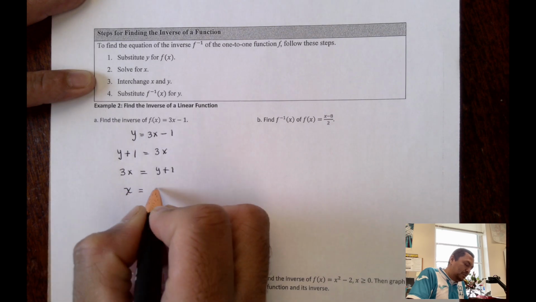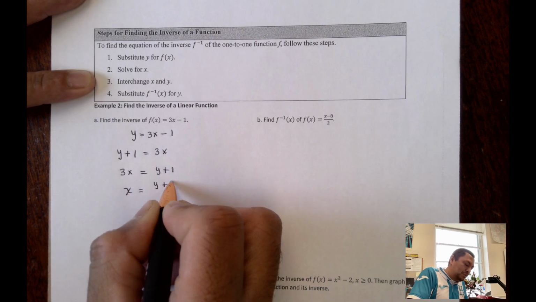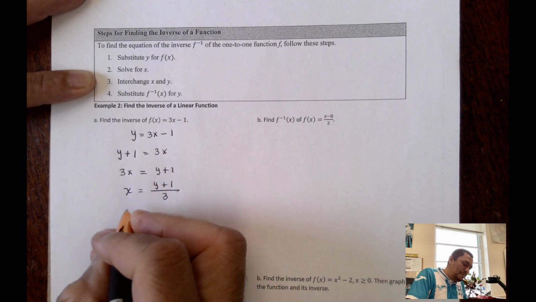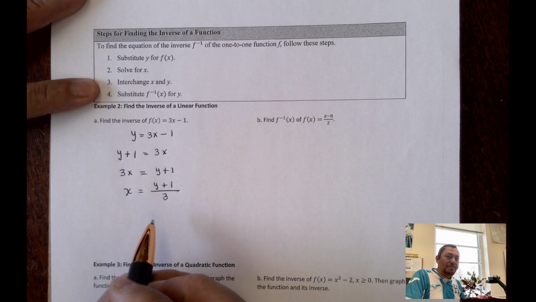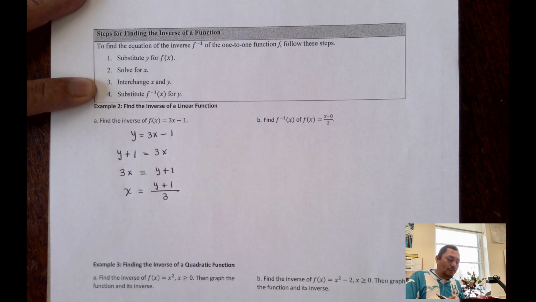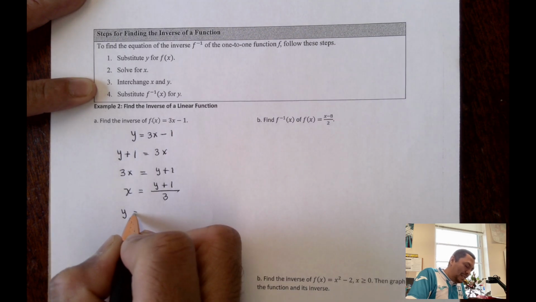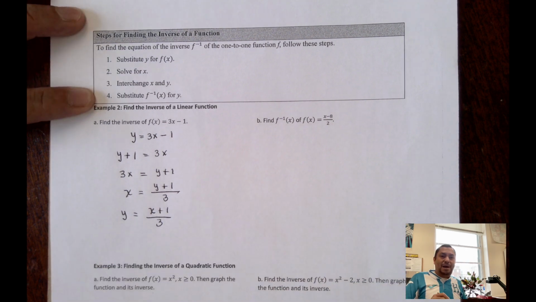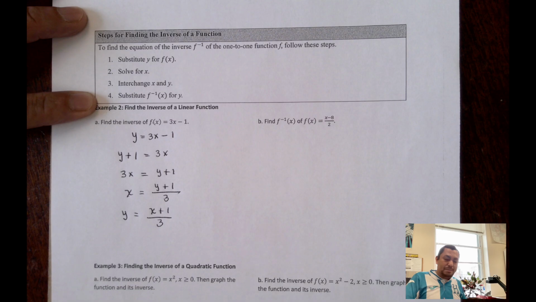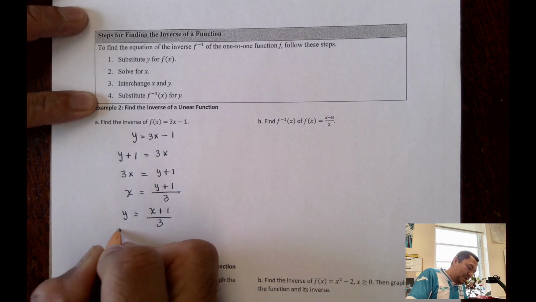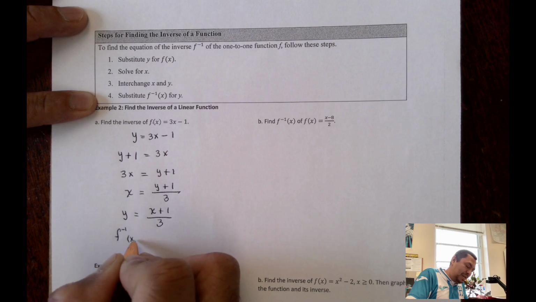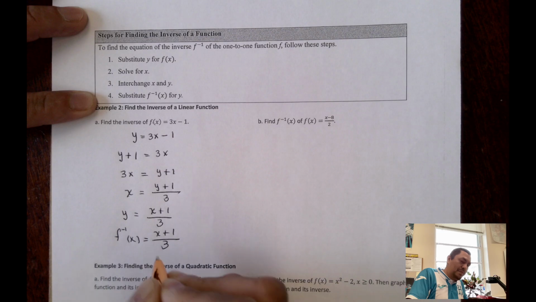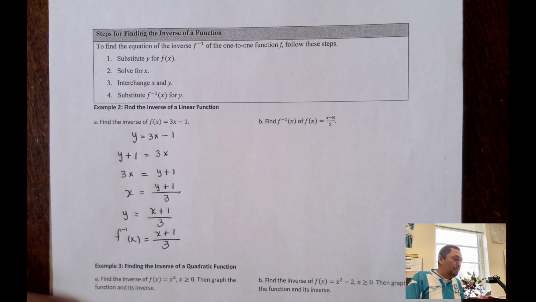So x equals (y plus 1) over 3. 3 is multiplying, so we divide. Now step 3, interchange x and y. So I have y equals (x plus 1) over 3. And the final step, substitute f inverse of x. So f inverse of x equals (x plus 1) over 3. And that's the solution to the problem.